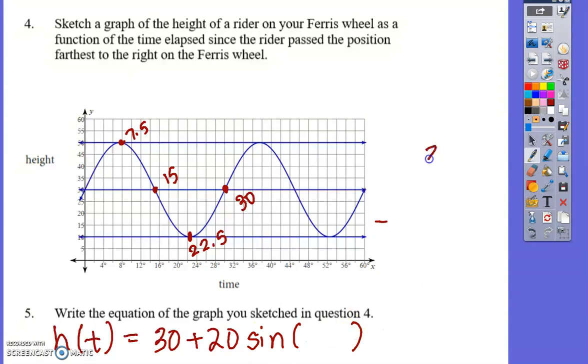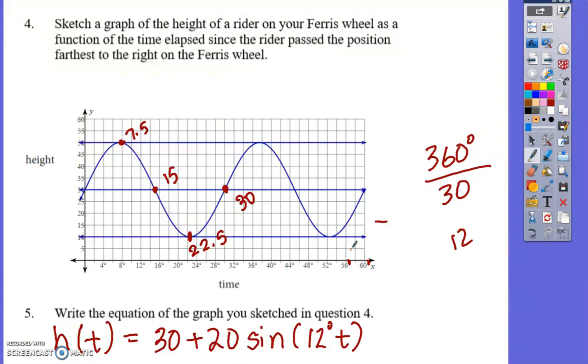To figure this out, I'm going to take 360 degrees, divide it by my period of 30 seconds, and end up with 12. So I've got 12 degrees per second. Technically these are degrees, but these are actually seconds, so it's not counting by degrees. Keep that in mind with my graph, that these should not have those marks on.